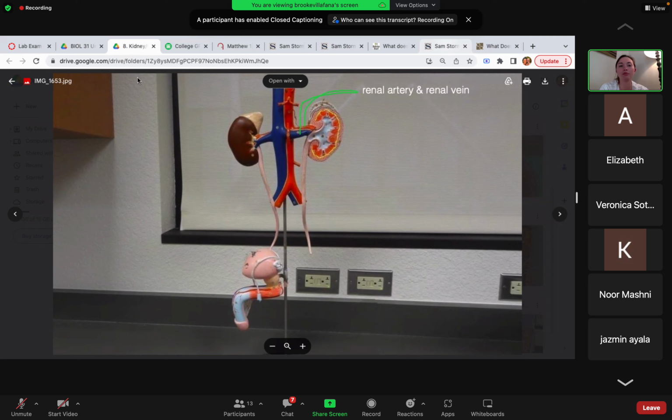They would come from your descending aorta and inferior vena cava, which then branch at the bottom there into the femoral artery and vein. So this is the inferior vena cava and descending aorta. And those branch into our iliac artery, iliac vein here.